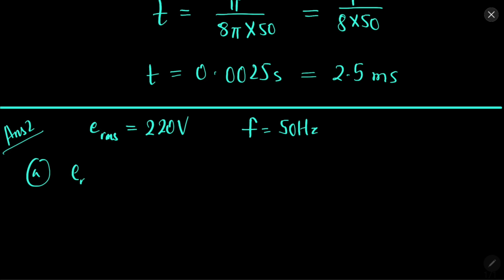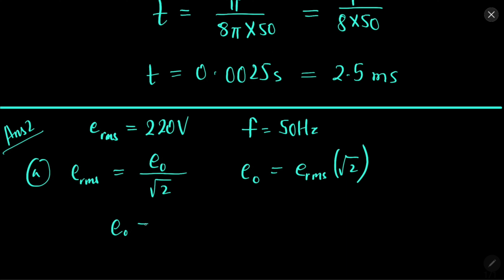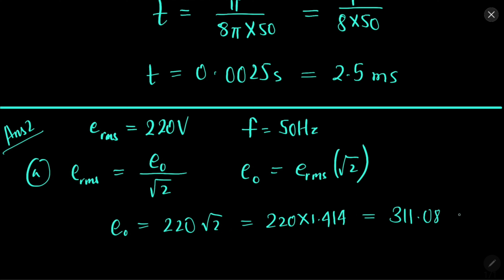So first of all, we know that RMS value is peak value over root 2. So peak value will be RMS value into root 2. So it will be 220 root 2 volt or 220 into 1.414. So it will be around 311.08 volt.